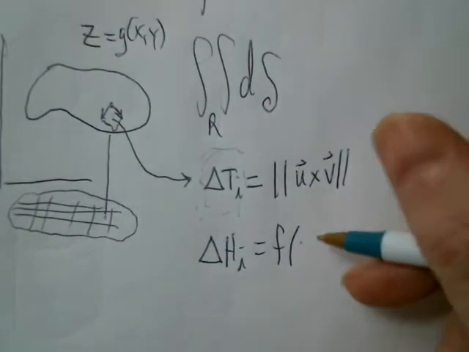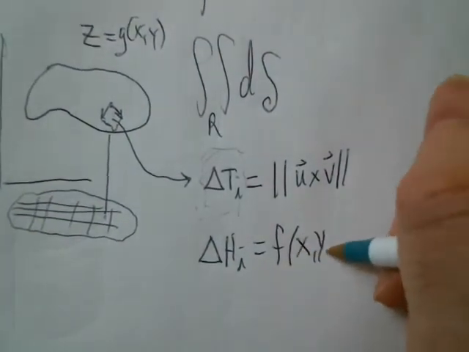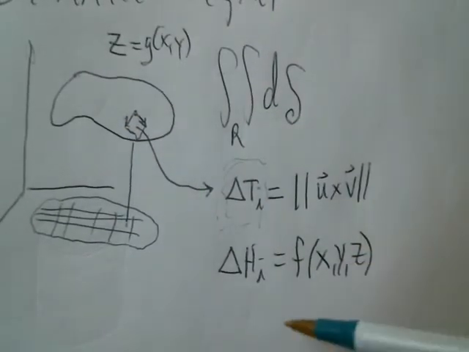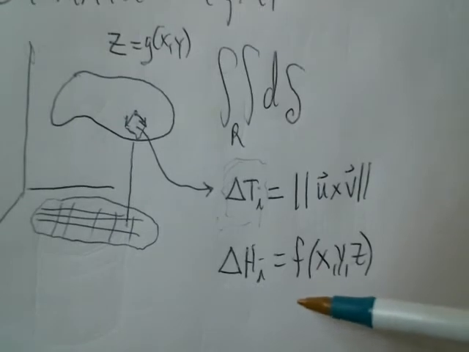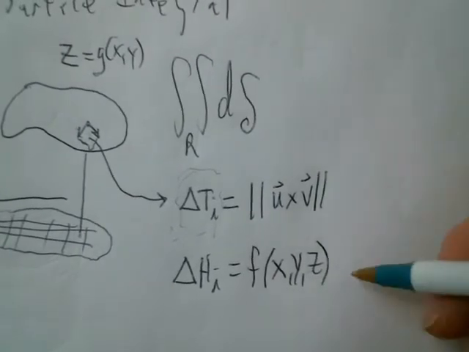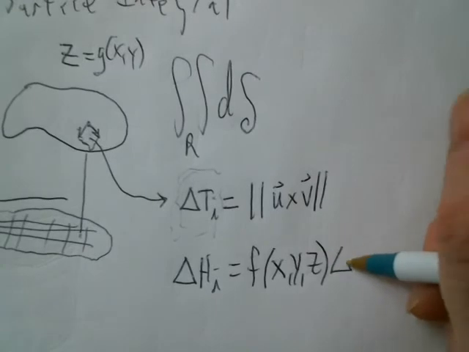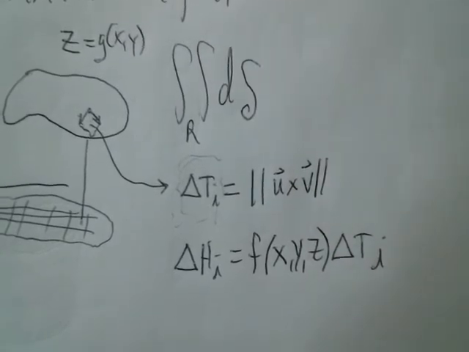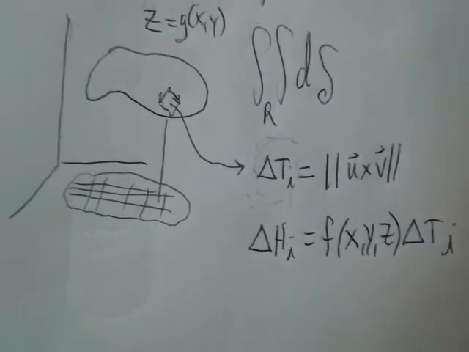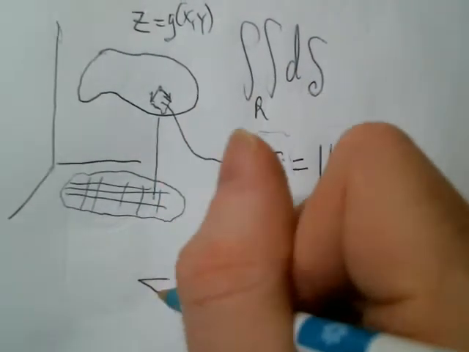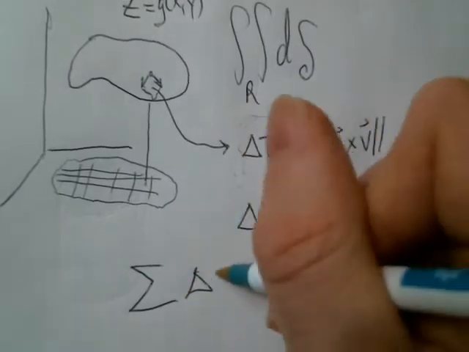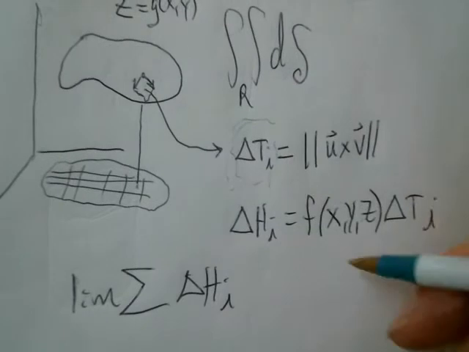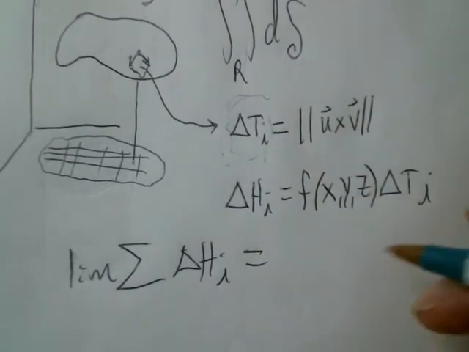So this f is some other function in terms of x, y, and z, and at every point on the surface you'll get some output, a real number, whatever it represents. Then it would be times the change in t sub i, and we would go over the surface and add all these up in an integral. So you would have the sum of these delta h sub i's, and then we'd take the limit of that. That's what we're going to be working with in this section.